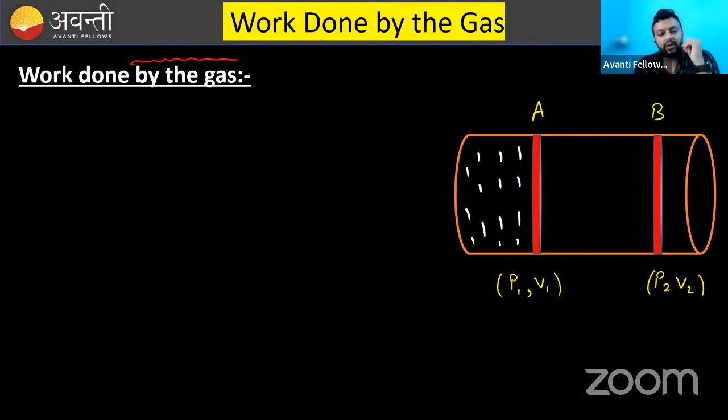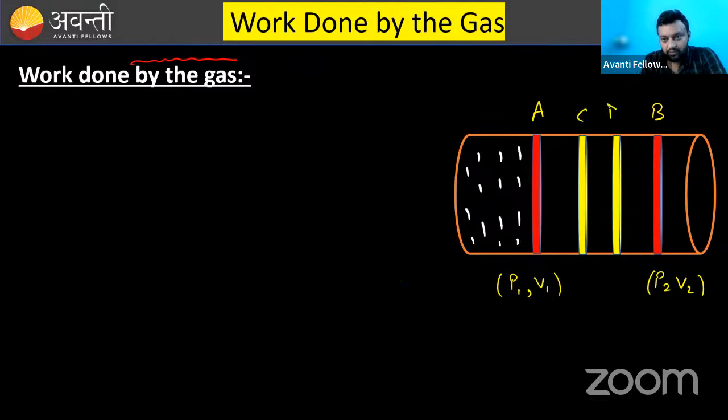For the calculation of work done, I have taken a very small displacement in between, from C to D. Let's suppose this displacement is dx. During this small displacement, the pressure is constant, and this pressure is P. I'm assuming that pressure does not change because the displacement is infinitely small.